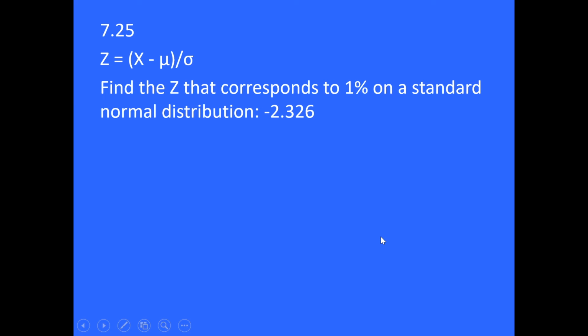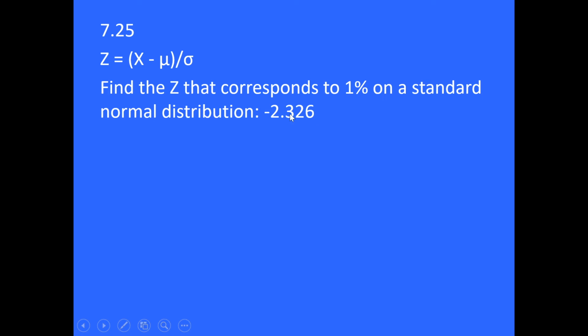All right. So the first step is we need to find a Z-score that corresponds to 1%. And we found that just a minute ago with the calculator. That was negative 2.326. So I used the standard normal distribution, I put in 1%, and this is the Z-score.